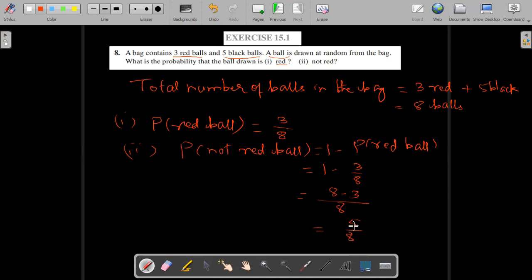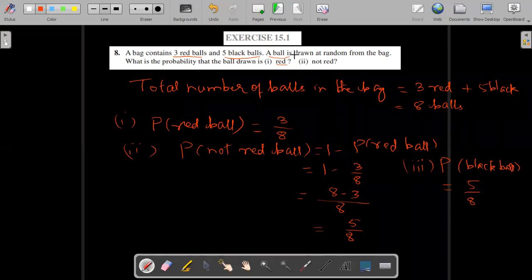So 5 by 8 is the probability of not getting a red ball. They could also ask the probability of getting a black ball. It is not asked, but I am just telling you that for the black ball it is the number of black balls, 5, upon the total number of balls.